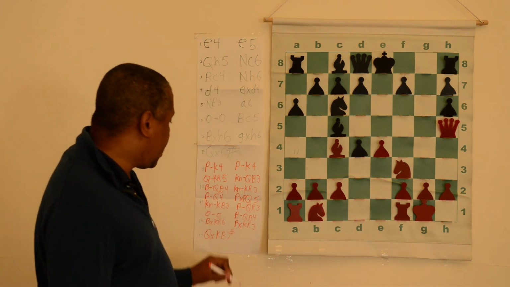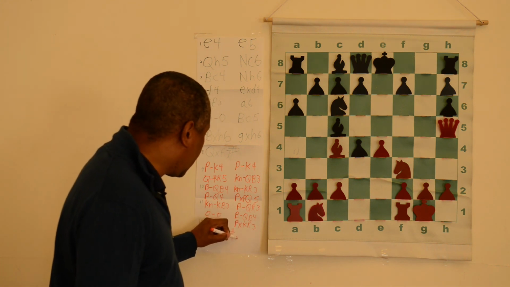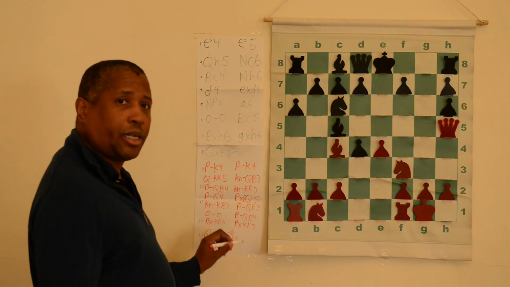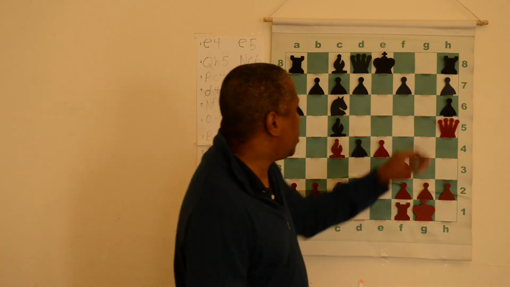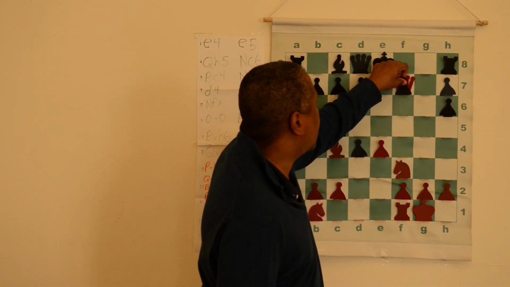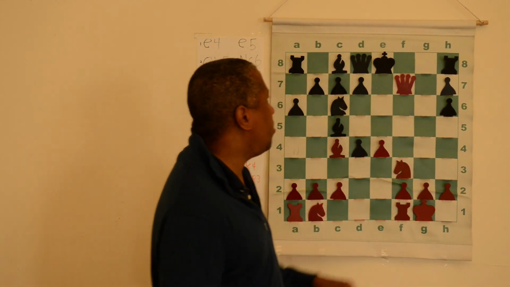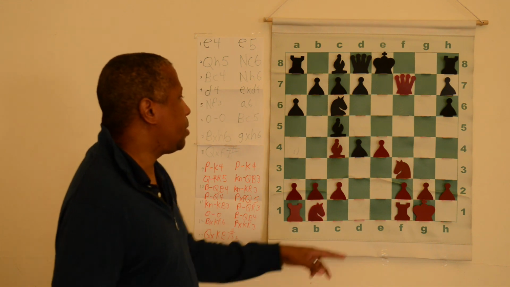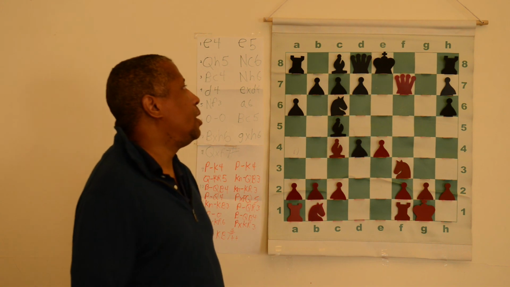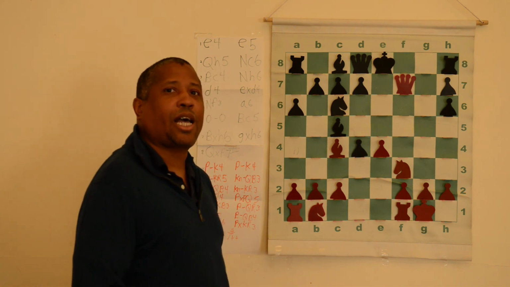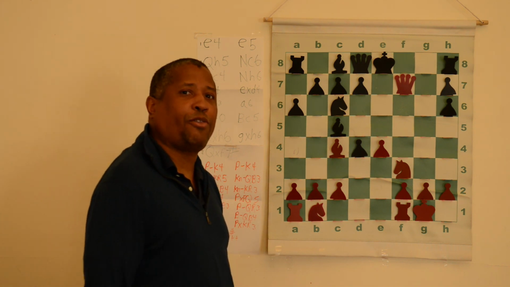Sometimes you might see 2 plus signs, where plus means check, and then the double plus means checkmate. And so let's just do this here. QXKB7. Because 1, 2, 3, 4, 5, 6, 7. And that is checkmate, and that is how to do descriptive notation.